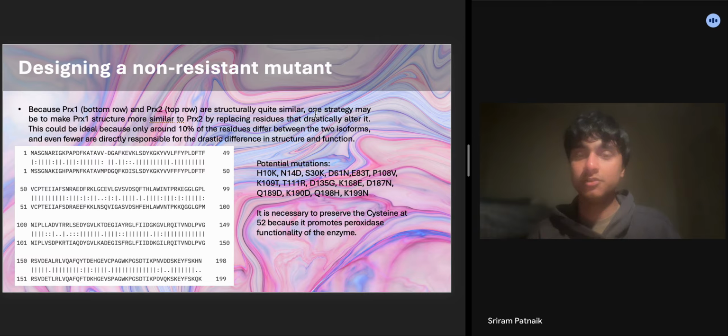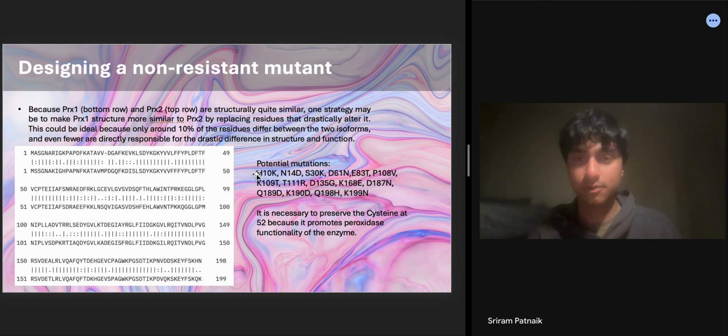This could be ideal because only 10% of the residues actually differ, and therefore an even smaller percentage actually contributes to this resistance. So it's not that difficult to figure out which mutations can cause it to regain that sensitivity to the peroxides.